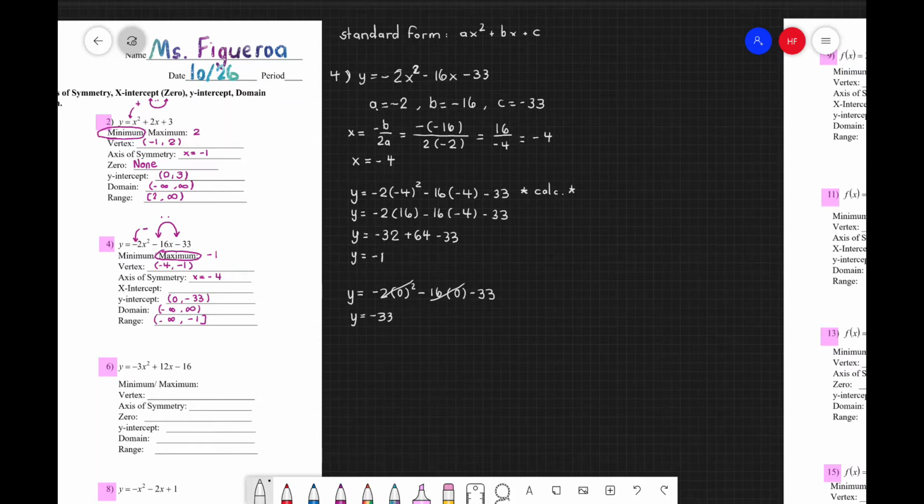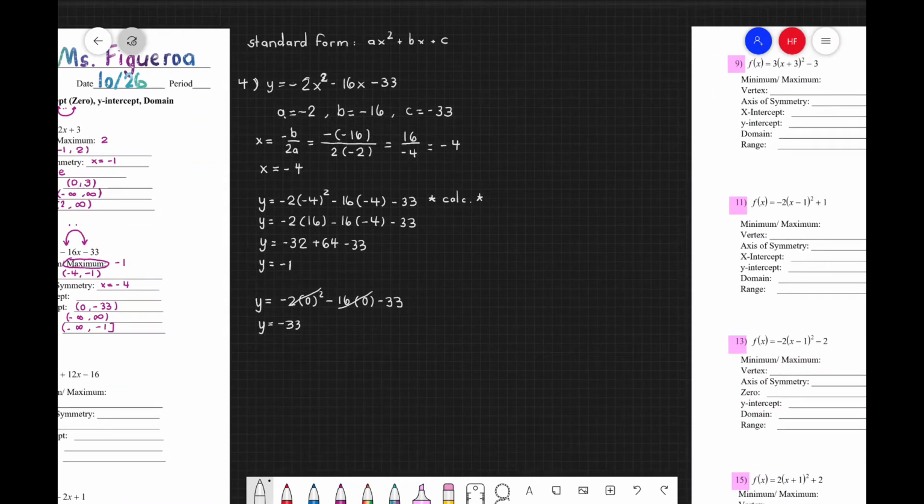Now to find my zeros, I need to see, do I have zeros first, and then how many will I have? So I'm going to draw a rough sketch. Remember, this is not an accurate sketch. I don't know how wide it is. So I have this sketch here with a vertex at negative 4, negative 1. So that's 1, 2, 3, 4, negative 1.